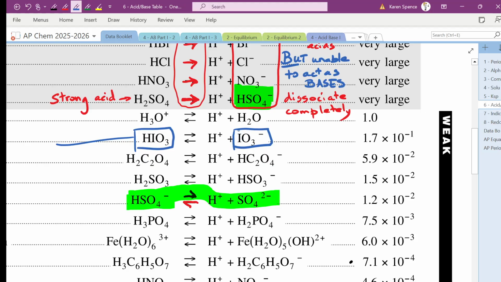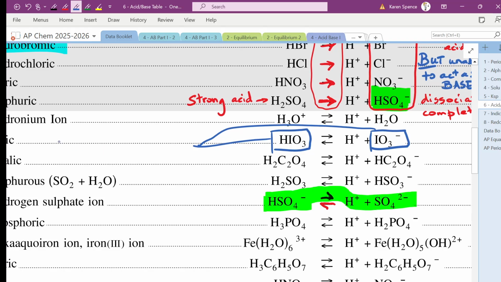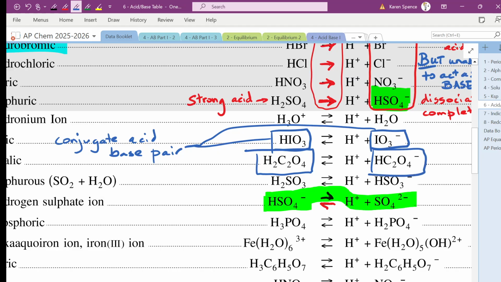So all the conjugate species differ by a single H. Yes. We'll write that down at some point, but not on here because this is already too messy. Those are a conjugate acid-base pair, as are all of the other ones, all the way down to the bottom.